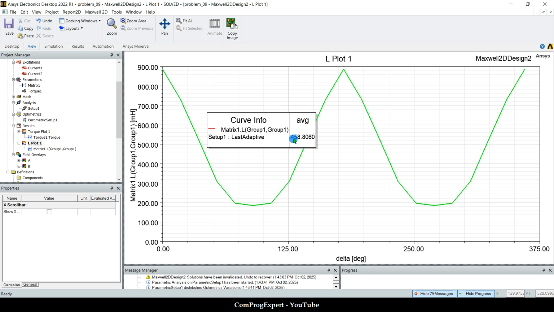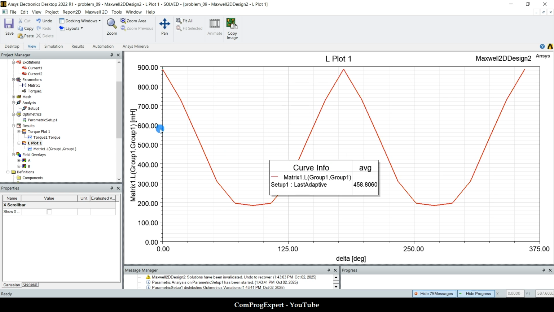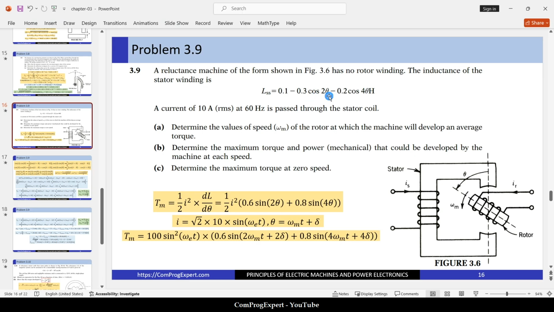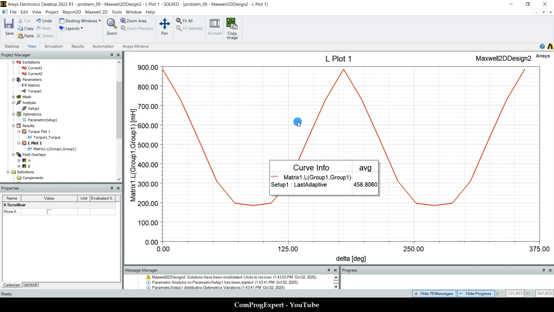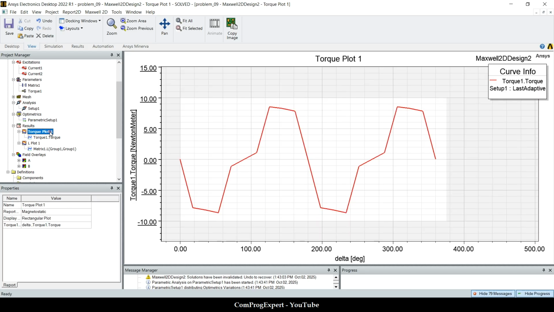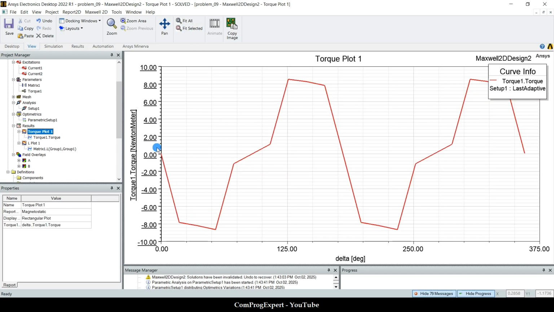It is 458, the average value of this function, and we have this variation. You can use Fourier series, right? You know that we have cosine of 2 times theta, cosine of 4 times theta, and we have these harmonics. Only 2 harmonics are included in this equation. Okay, this is the variation of the inductance, and this is the variation of the magnetic torque when we change delta.